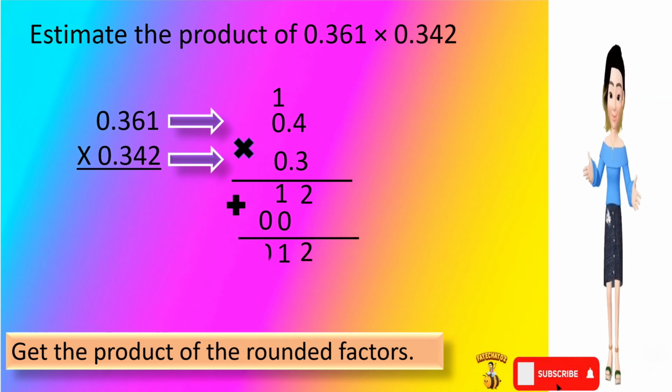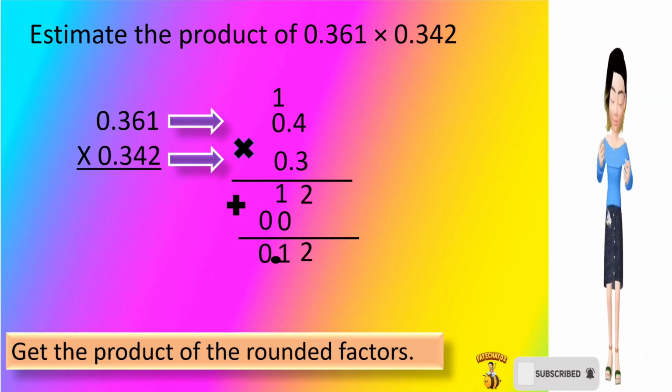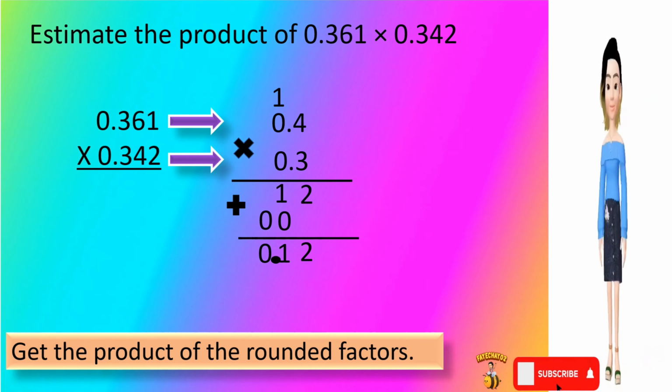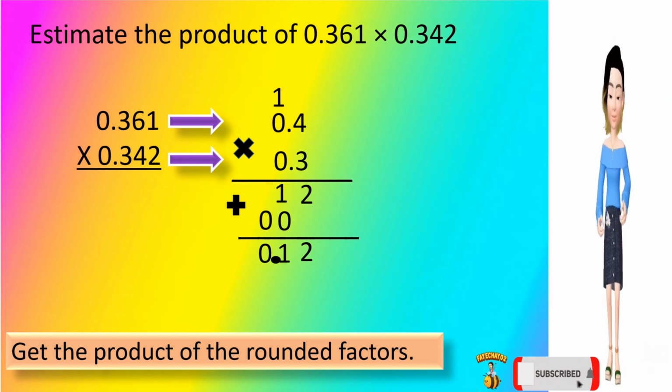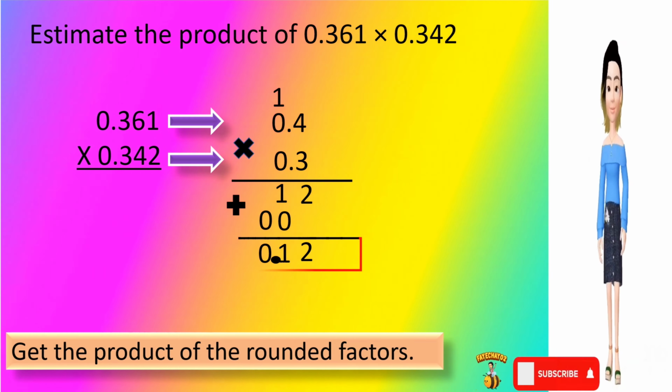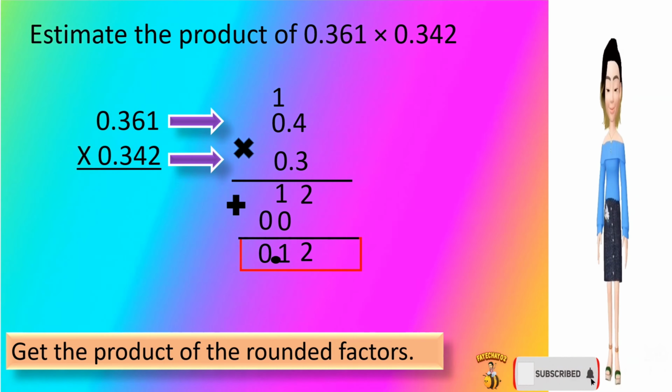Since we have two decimal places in our factors, we will count 2 digits from the right. Okay, so we will put the decimal point between 0 and 1. So the answer is 0.12.